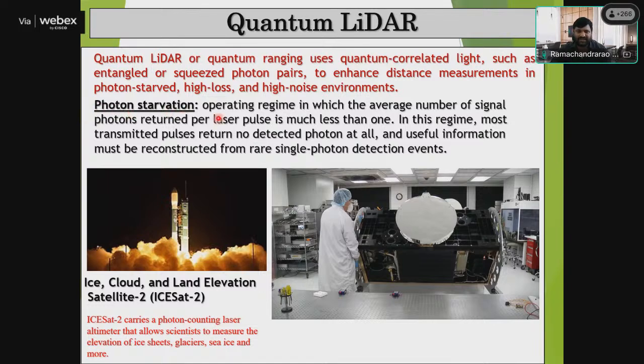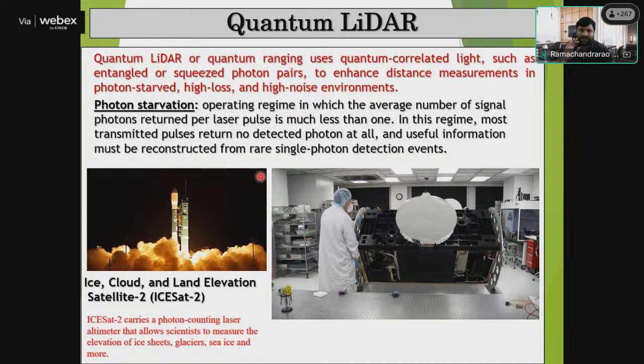Okay, this is the place where you don't have enough photons to collect a signal and get some information from space. This is very, very important. In this regime, when you are sending 100 pulses but the signal is not coming back, even say for 50 pulses, how do you reconstruct what you are seeing?